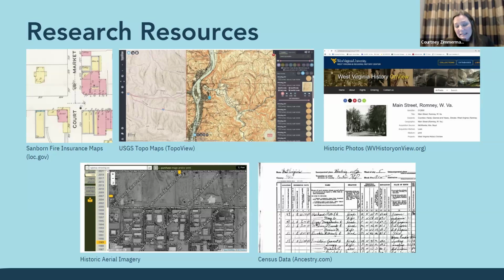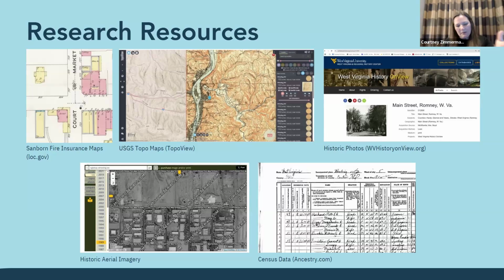TopoView USGS allows you to look at geo-referenced topographic maps from the 1800s all the way up till now. They're not as detailed on the building level, but as far as development of a place or community, you can see that. In West Virginia, we use West Virginia History on View, which is tens of thousands of historic photos.